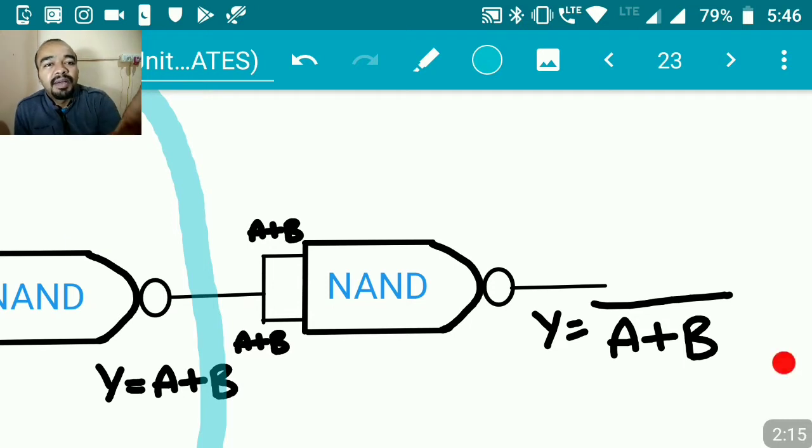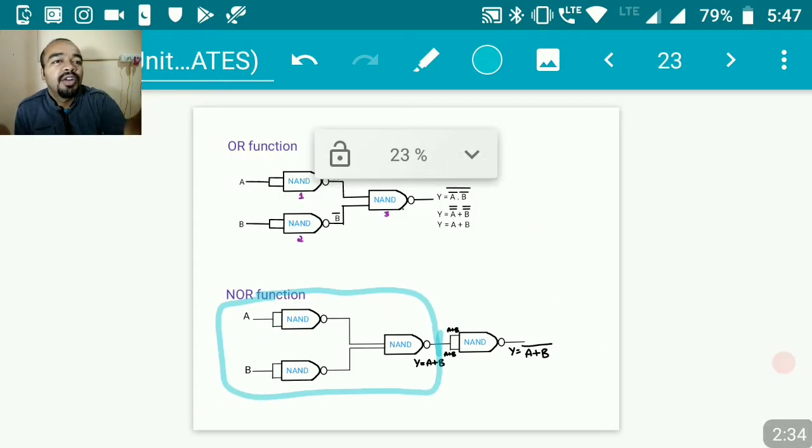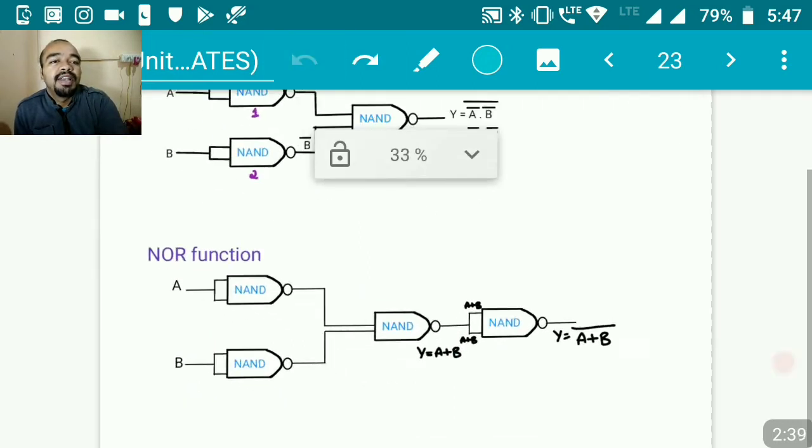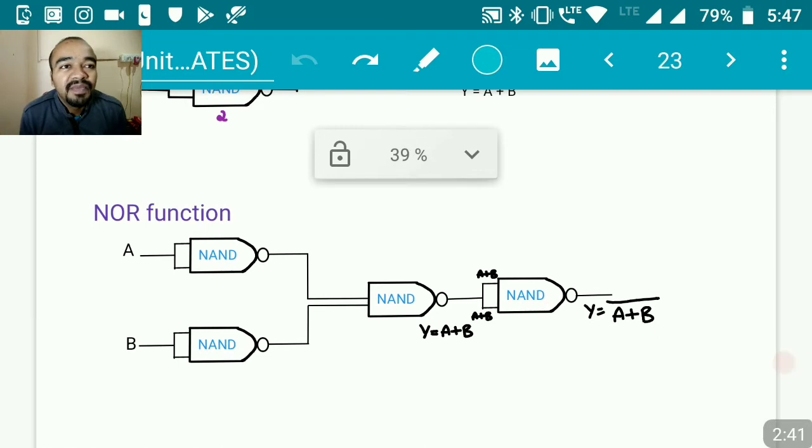Up to here we have got A or B. The same signal we give to both inputs of the NAND gate, and we get the output y is equal to (A or B) whole bar. That means NOR, NOT of OR. This is how we generate a NOR gate using NAND gate.